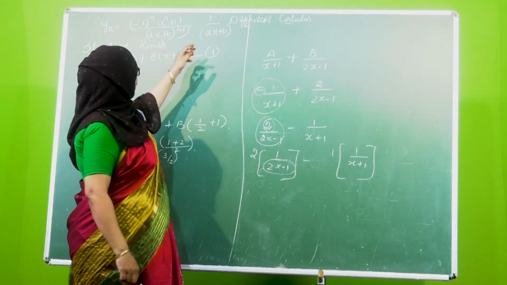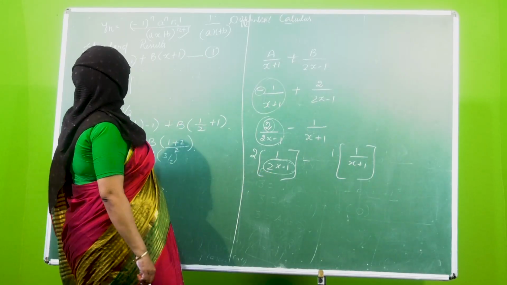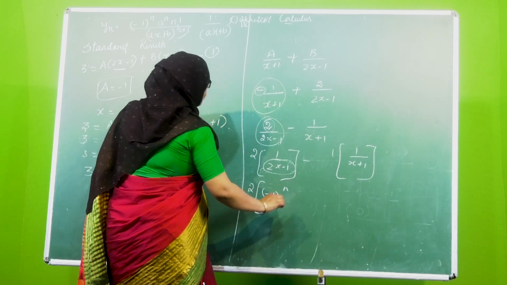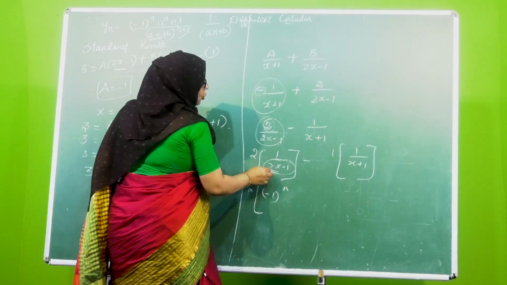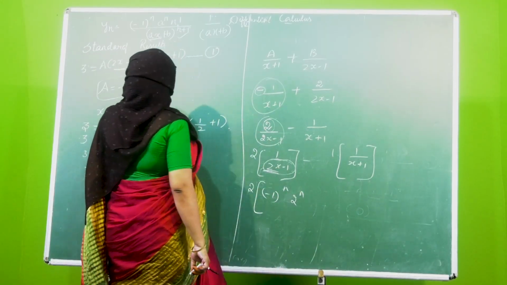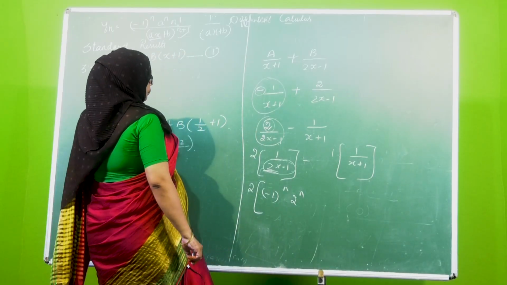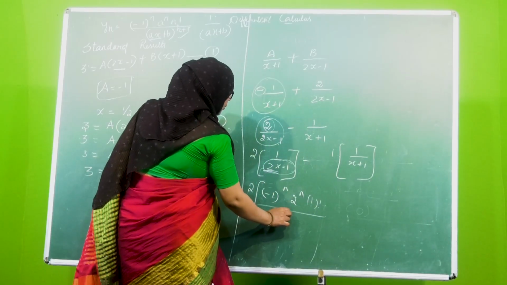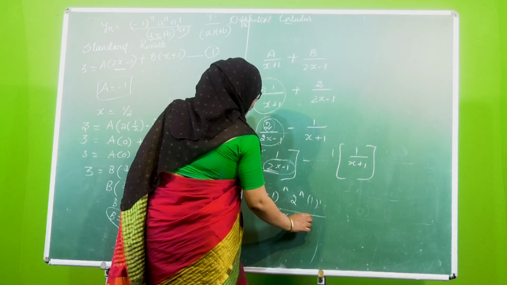So instead of ax plus b, what are we getting? 2x minus 1. So 2 into minus 1 whole power n, a. What is a? 2 is the a. So 2 power n factorial, that is, 1 factorial divided by 2x minus 1 whole power n plus 1.